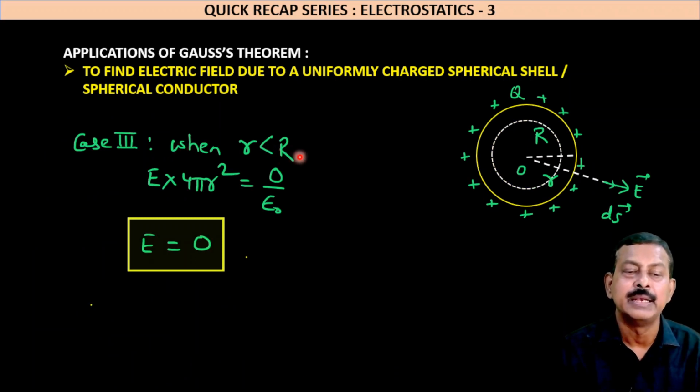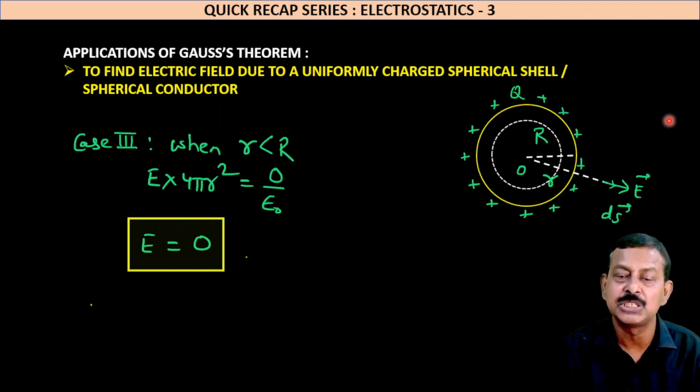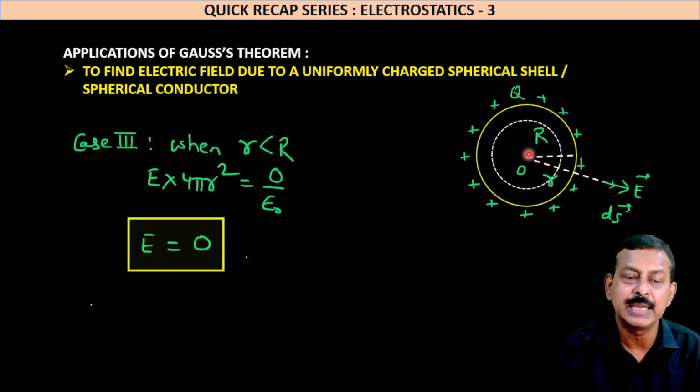Now, when small r is less than capital R, this time we have taken the Gaussian surface to have a radius less than the radius of the spherical shell. Applying Gauss theorem again, it is E into 4 pi r square.